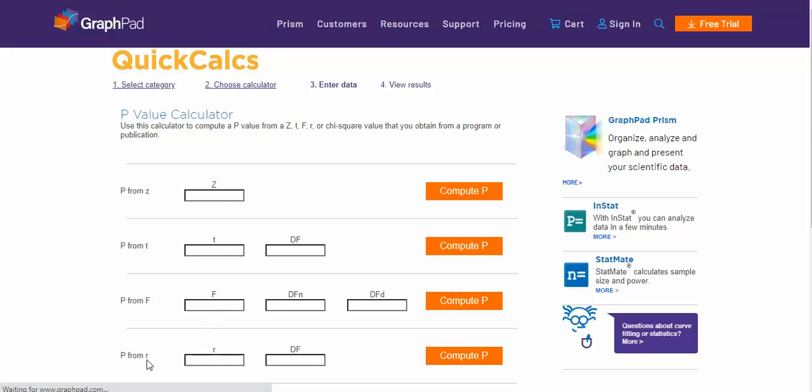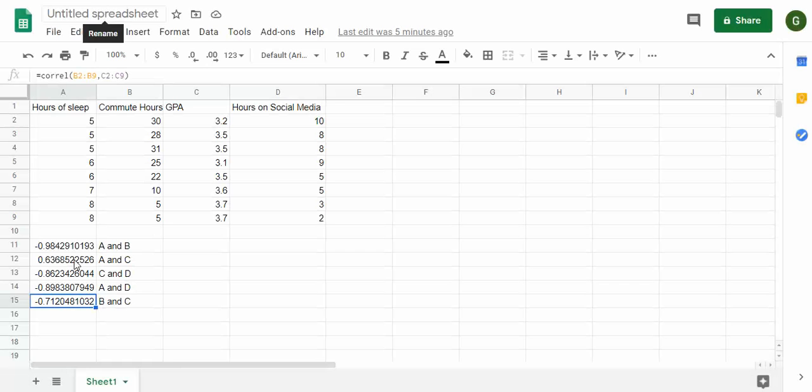The correlation coefficient is R. So what we're going to be getting is P from R, because all of these correlations we've calculated, R is the letter that stands for it. So it's the first, second, third R, and so on. So let's take this first one, which is negative 0.984, and enter it in.